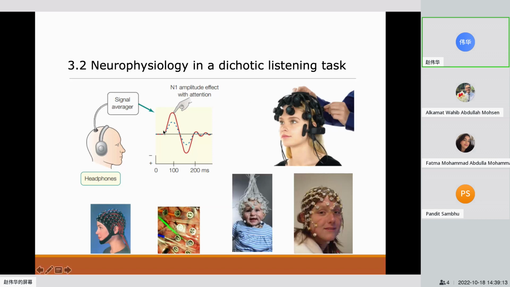And the dashed line, the blue one, showed the response to an unattended input. Researchers found that the amplitude of the N1 component, the red line, was enhanced when attending to the stimuli compared to ignoring the stimuli.